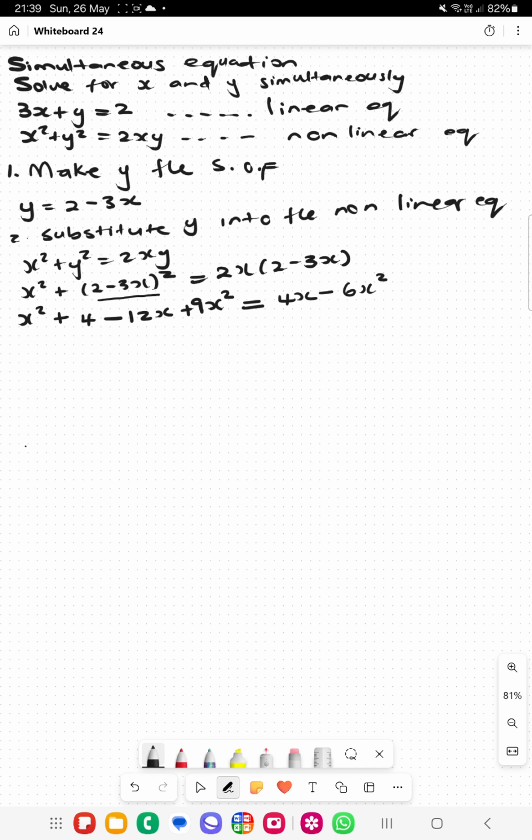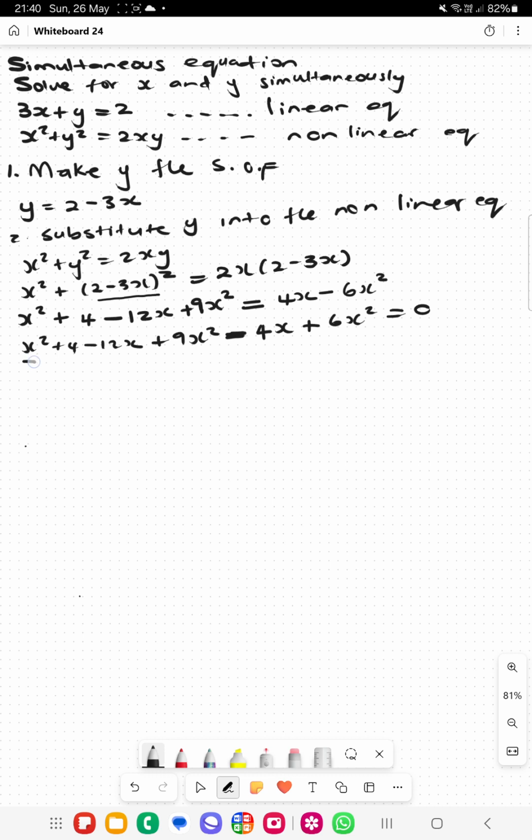Then we are aiming for standard form. So we are going to take all of our terms to one side. I'm going to have x squared plus 4 minus 12x plus 9x squared minus 4x plus 6x squared equals 0.